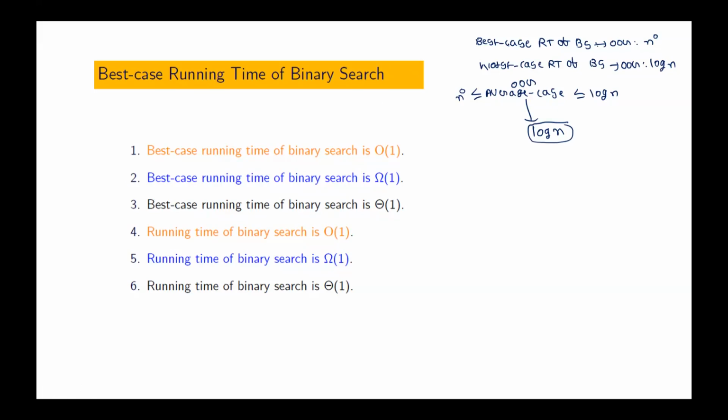Now you look at these statements and tell me whether the first statement is true or not. Best case running time of binary search is big O of 1. Is that true or false?